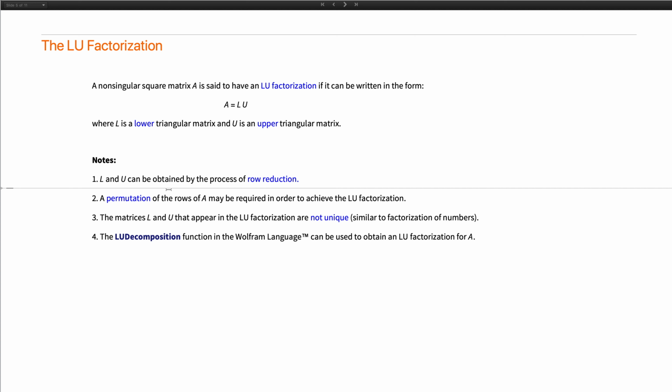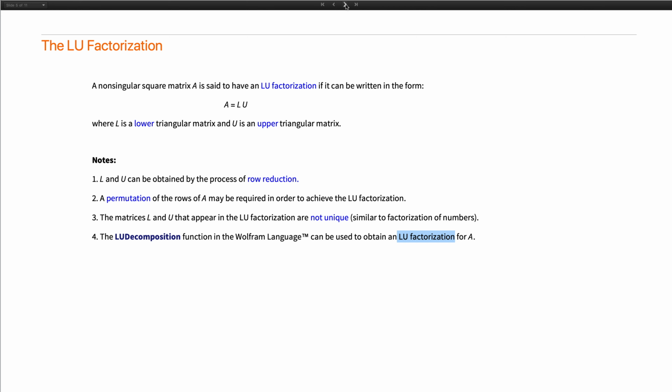But sometimes you may need to permute, to interchange some rows of A to get the factorization. Just like in the factorization of numbers, you may or may not have uniqueness. In fact, generally you don't have uniqueness, so you should not expect to get exactly the same answers from everywhere for L and U. Fortunately, we have a very nice function in the Wolfram Language called LUDecomposition, which can be used to obtain an LU factorization for A.